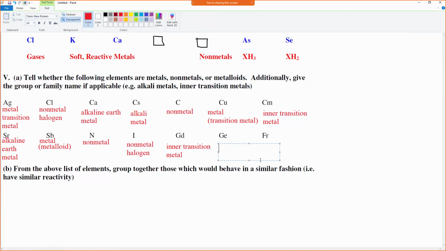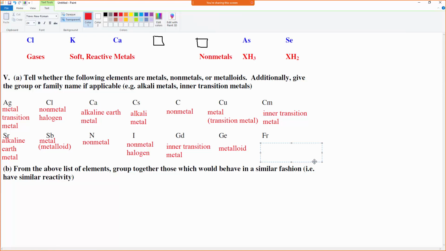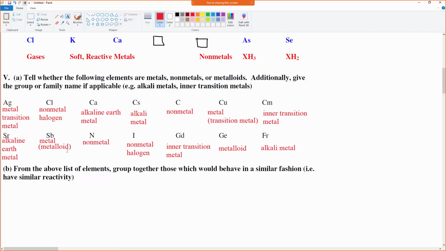Ge. Metalloid. Okay. And Fr. Alkali metal. Perfect. Excellent.